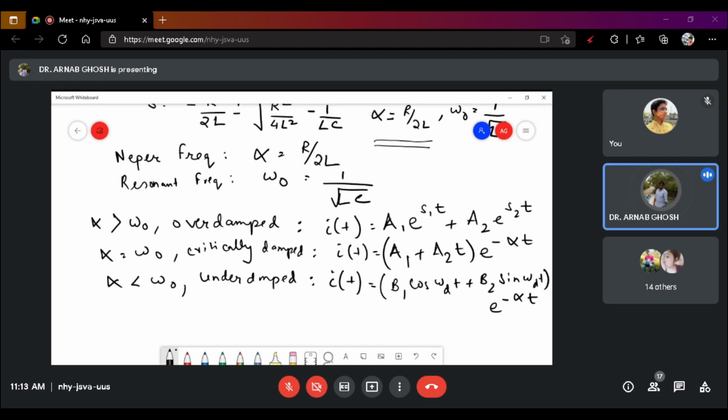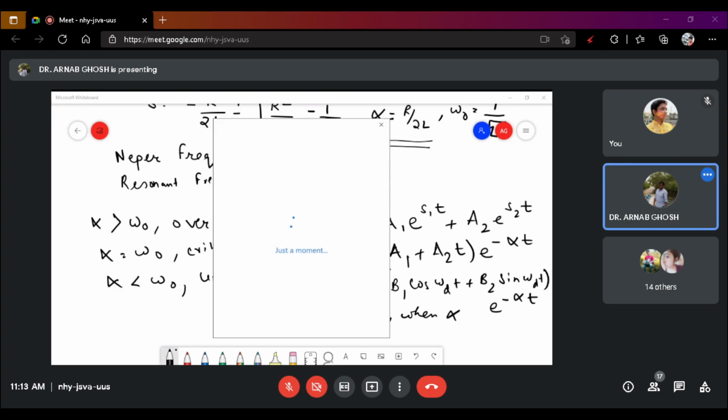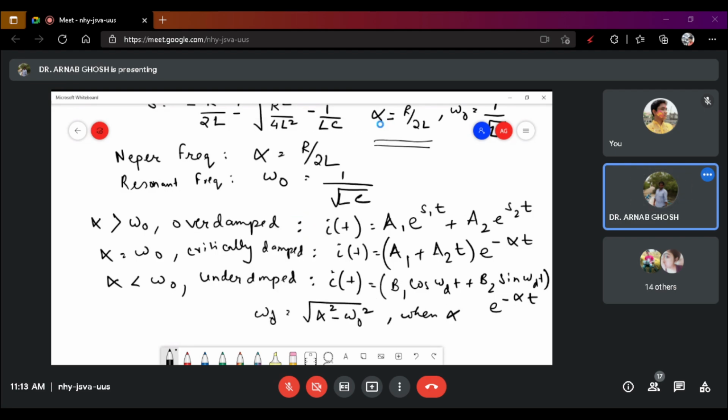Just keep in mind for series natural response, i(t) is equal to A1 e to the power s1t, and the rest are all the same. Omega d is equal to root over omega 0 square minus alpha square when alpha is less than omega 0.